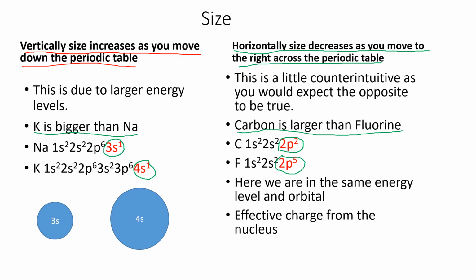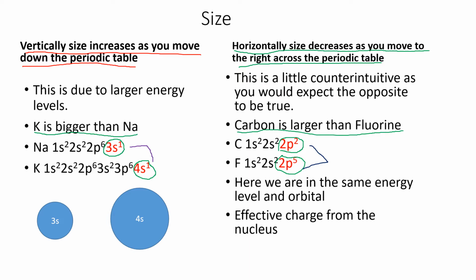Notice how that's different than what we saw in the vertical trend, where we saw the 3s and the 4s, different energy levels. But here, 2p versus 2p, we're in the same energy level. Same energy level, same orbital.